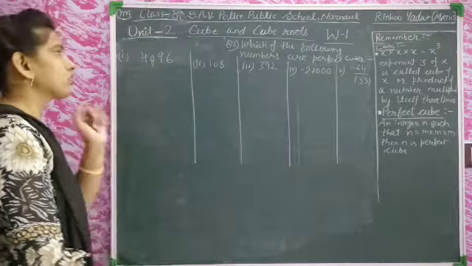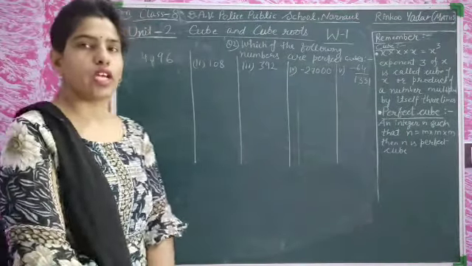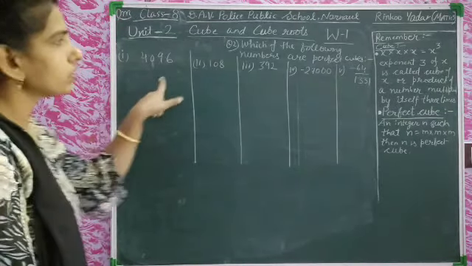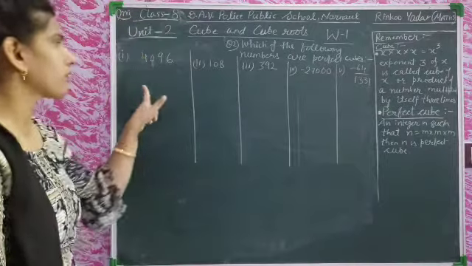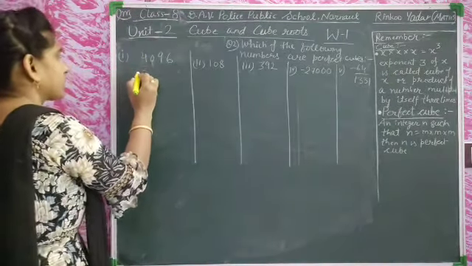Let's see how we will find the cube root of any number, or check whether it is a perfect cube or not. Both we will check from this prime factorization method.